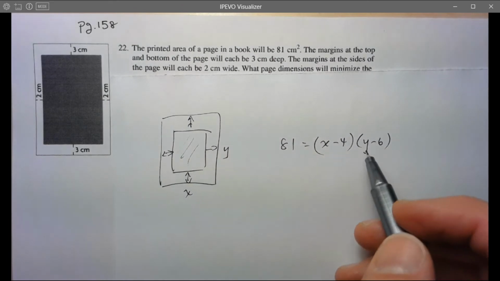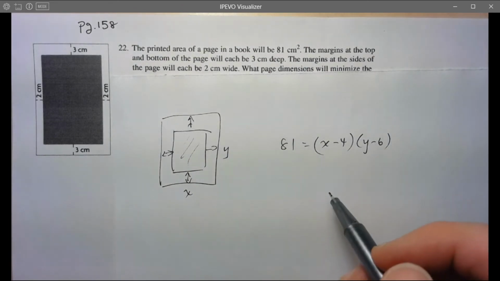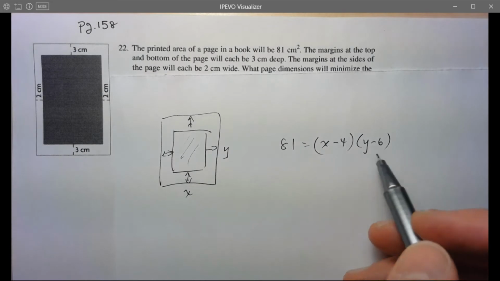And then I'm going to have to use this to isolate one variable in terms of the other. All right, and you see that that's going to be a bit of a mess.